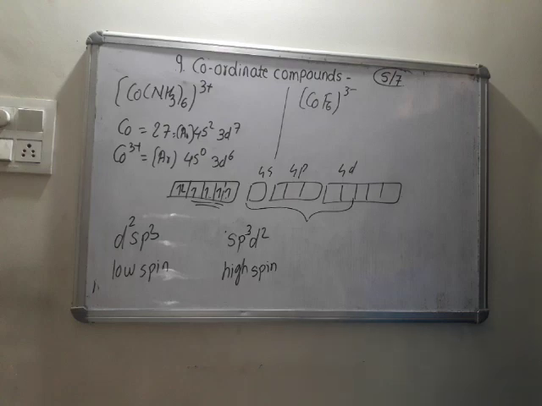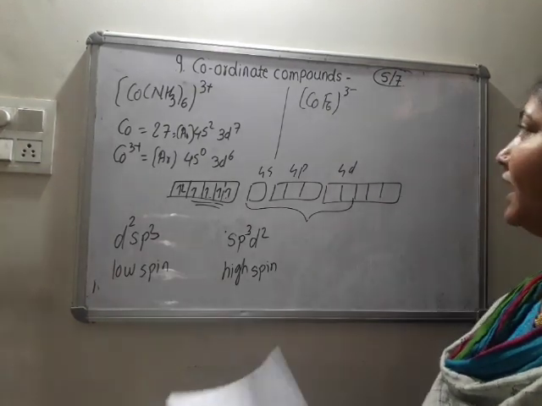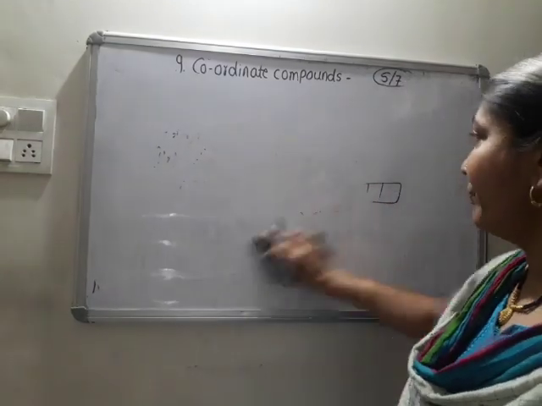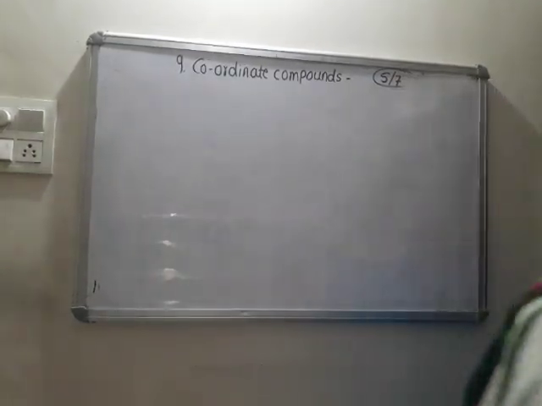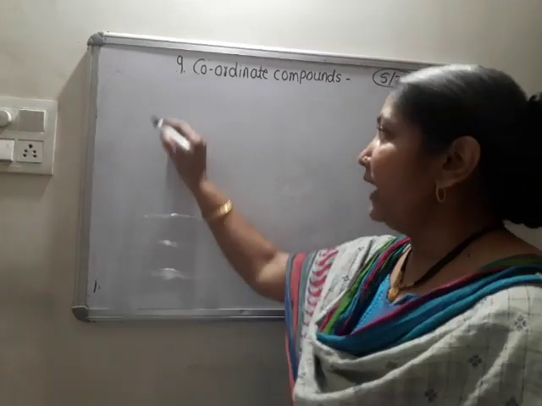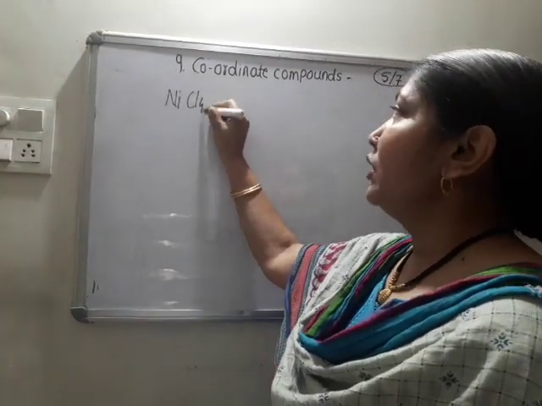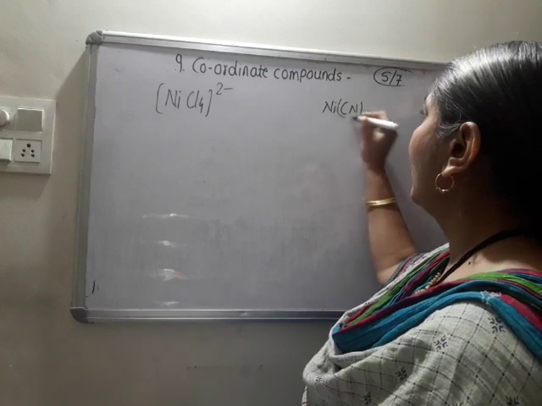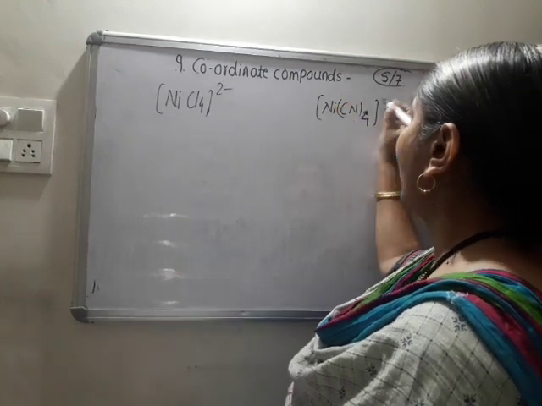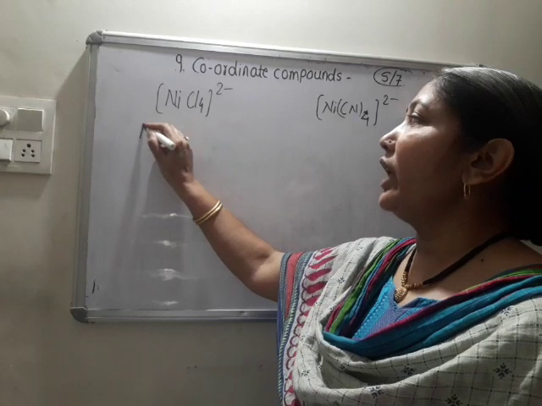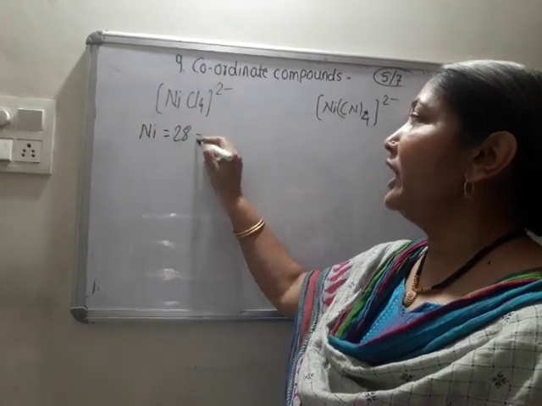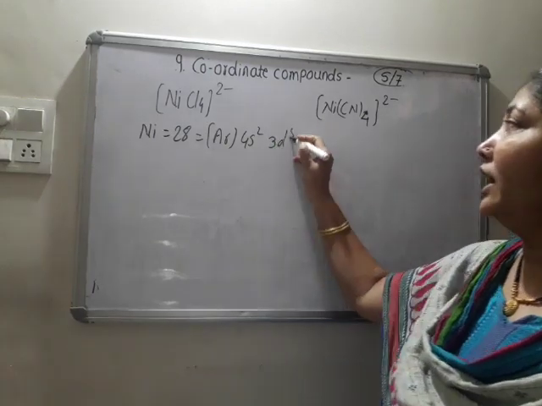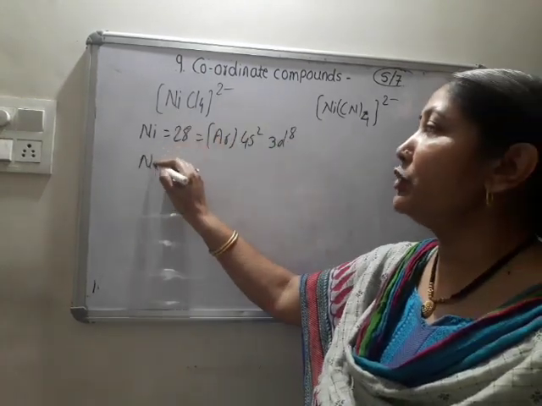Similarly, 2 more are given. One is [NiCl4]2- and the other one is [Ni(CN)4]2-. You can do it in the same way. See, in [NiCl4]2-, Ni is 28. 28 means argon 4s2 3d8. The charge on Ni is plus 2.